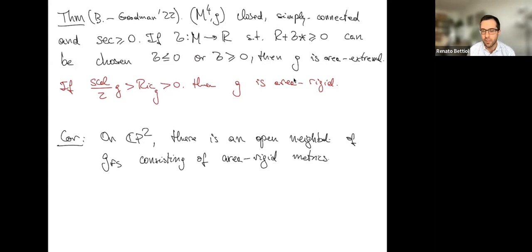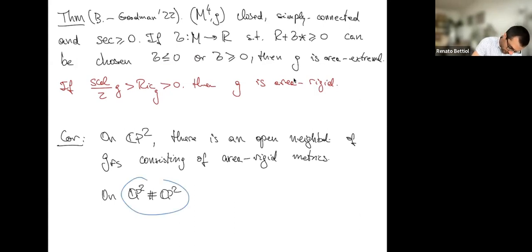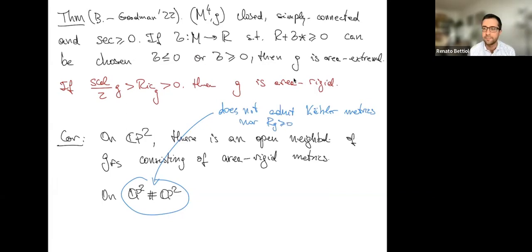Okay. In particular, you can produce metrics with generic holonomy there, right? You could also do a new topological type. So the example that I mentioned a little bit ago, CP2 connected sum CP2, this manifold could not be probed before with the methods that were available, because it does not admit scalar metrics, nor does it admit metrics with positive semi-definite curvature operator.